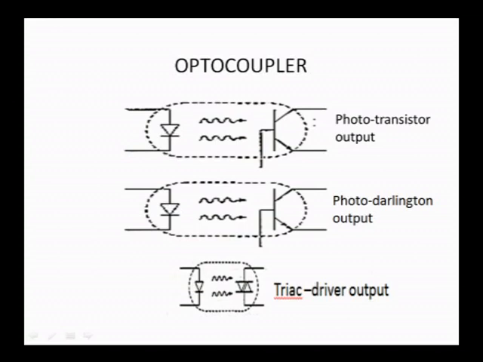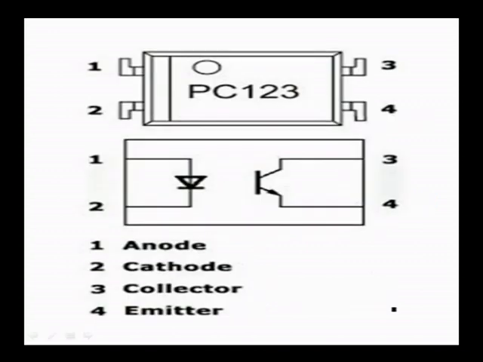You can see a phototransistor output here. This is an LED here, the output will be a phototransistor. The only connection is through light. Then photo Darlington output, there are different types. The triac driver output, where the LED drives the triac. These are the other types of optocouplers.